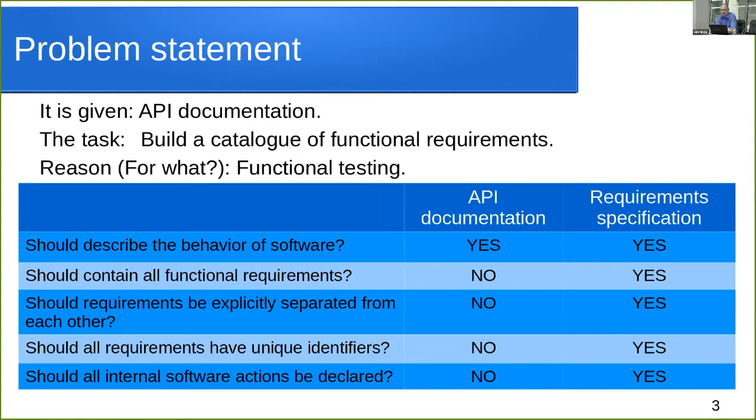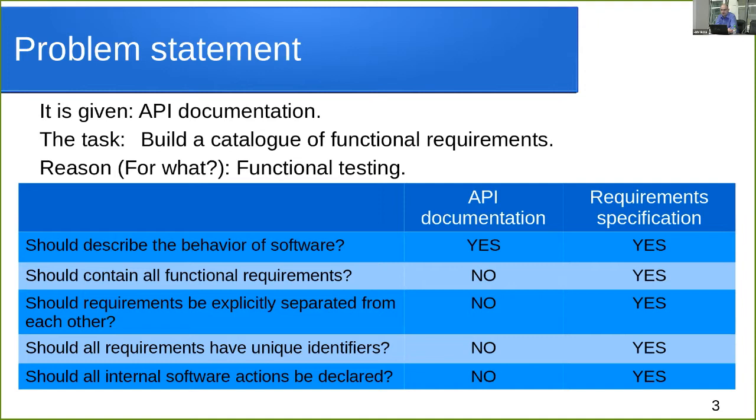But you can ask the question, why do we need to extract this intermediate catalog of functional requirements to perform our testing? We can just use this API documentation and write our tests directly. My answer: yes, you can, but thorough testing is hardly possible, and I can give you at least two reasons.